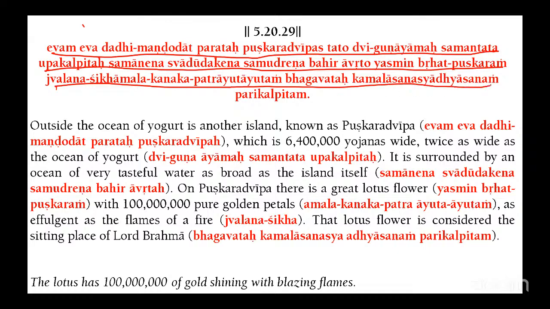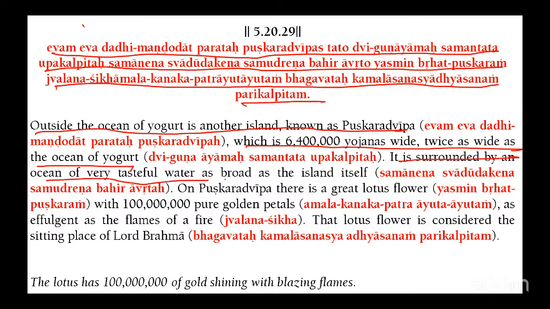Outside the ocean of yogurt is another island known as Pushkara Dvipa, which is 64 lakh yojanas wide, twice as wide as the ocean of yogurt. It is surrounded by an ocean of very tasteful water as broad as the island itself. So this is sweet water.